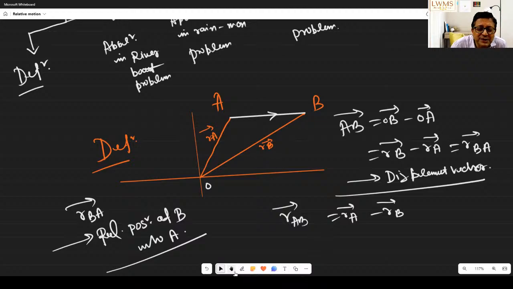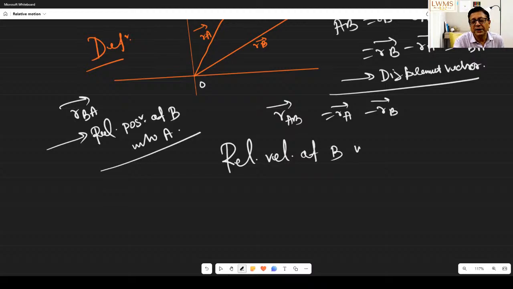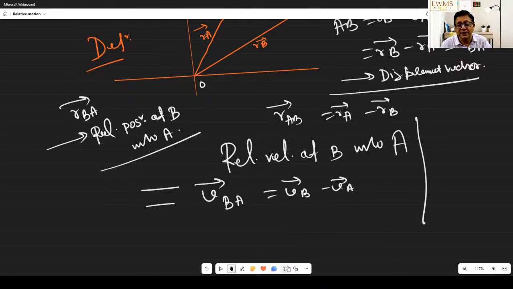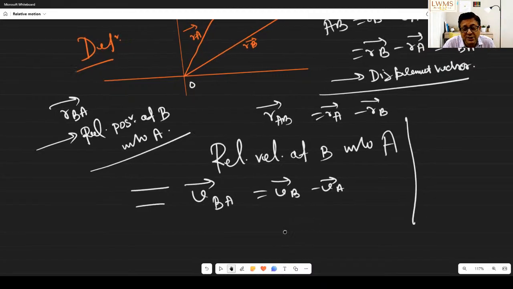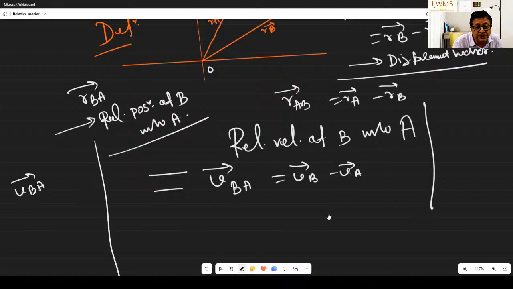And we will define relative velocity the same manner we did before. Relative velocity of B with respect to A, how will I write? It is VBA. VBA stands for VB minus VA. How did you get this thing, VB minus VA? It will come from displacement. At first I show you how you get it. I am deriving that relation.